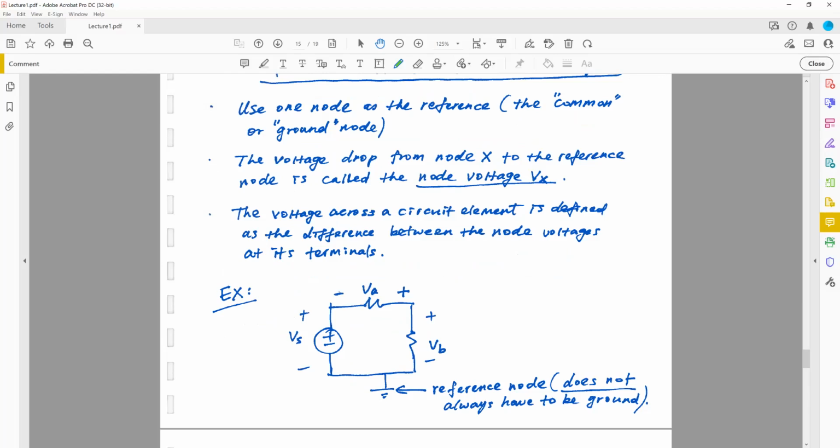Of course, a reference is a reference. Even 0.1 volts can be considered as a reference. 1 volt can be considered as a reference.